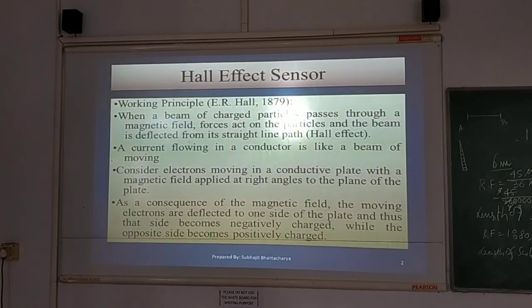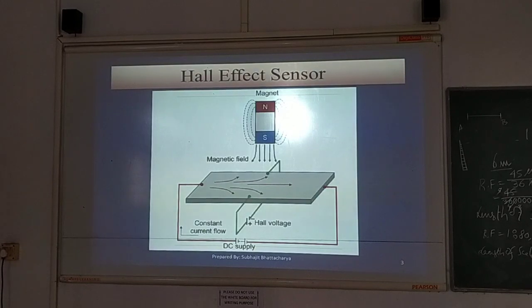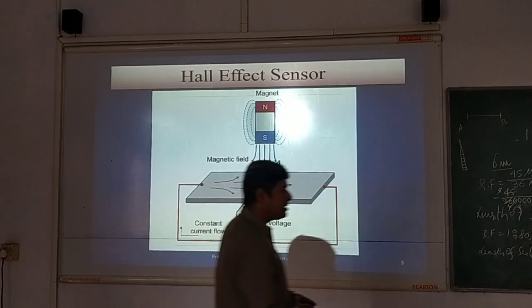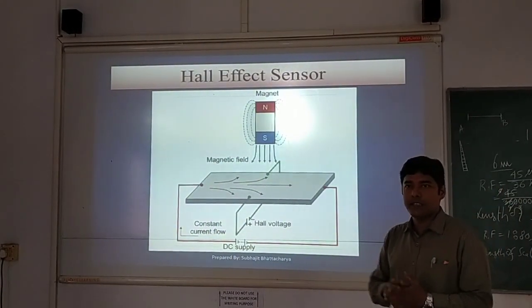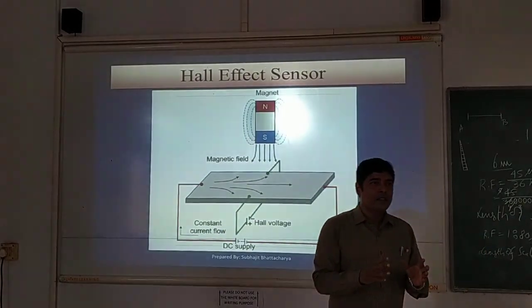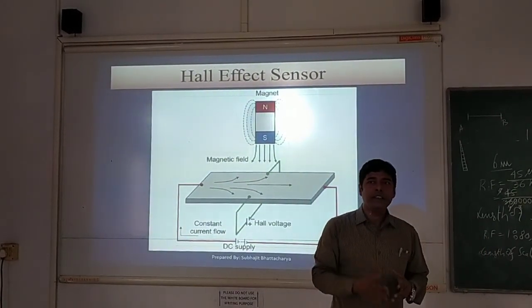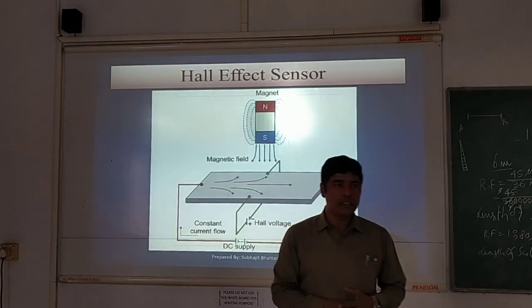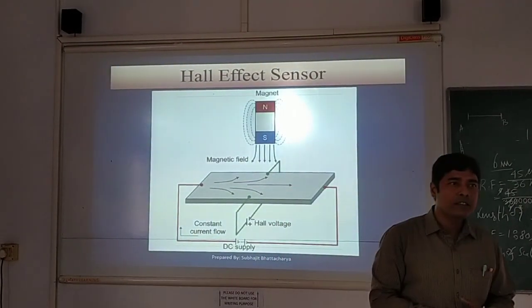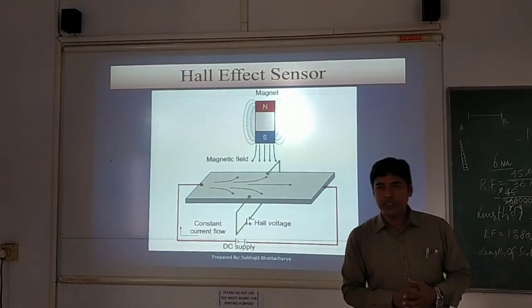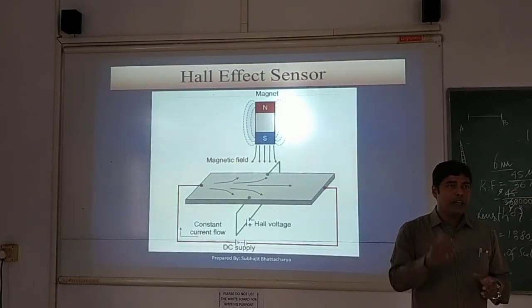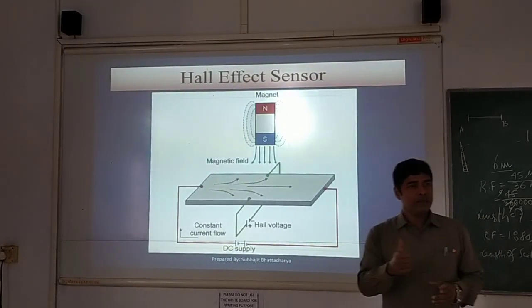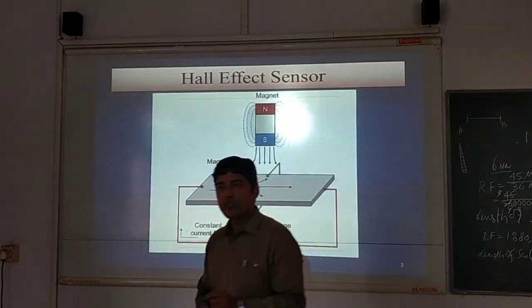And we were discussing this Hall effect sensor also, and we described how the charges are separated. We know that when a magnetic field is there in a space, and a charge moves in that space, it experiences a force, and that force is given by Q V cross B. V is the velocity of the charge, B is the magnetic field, both are vectors, and in the direction of this cross product, that magnetic force will be applied.